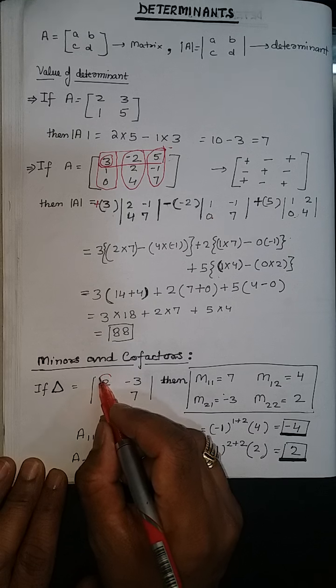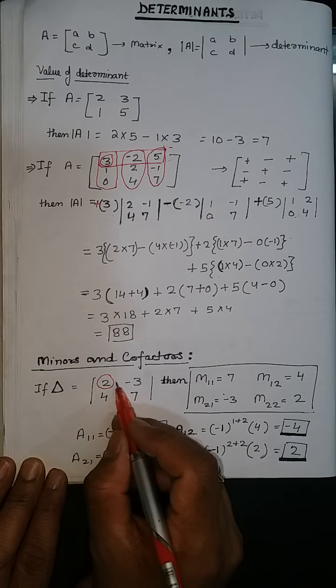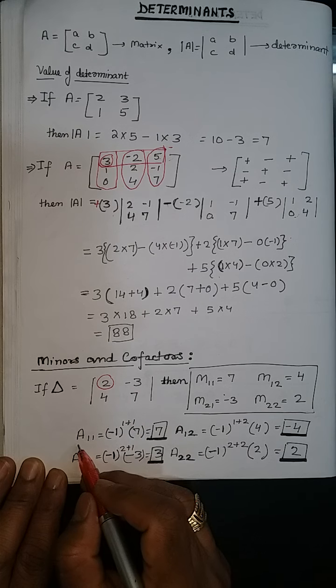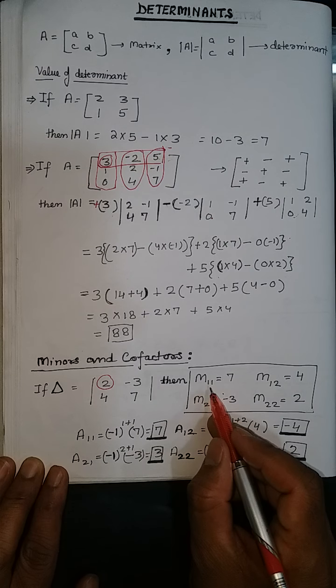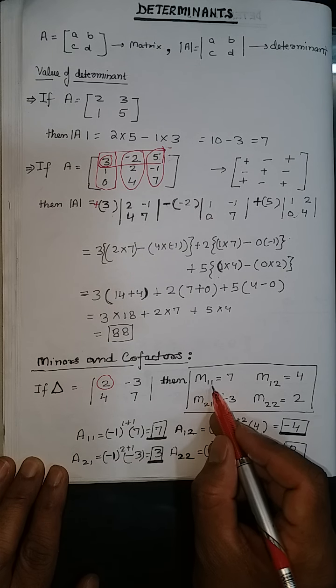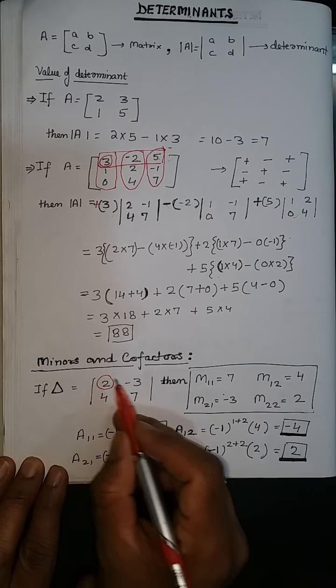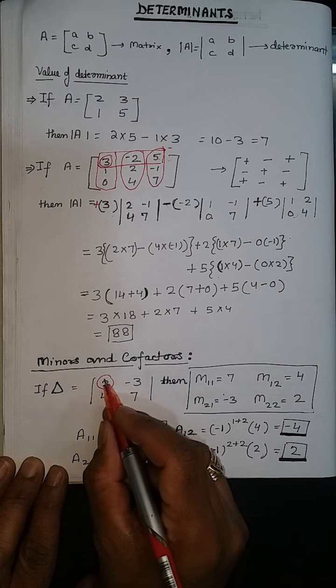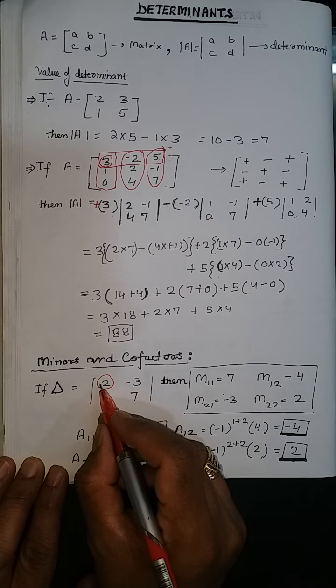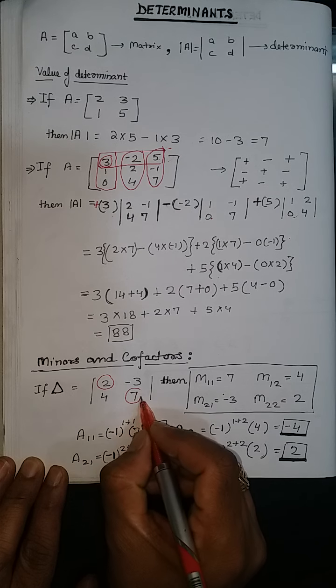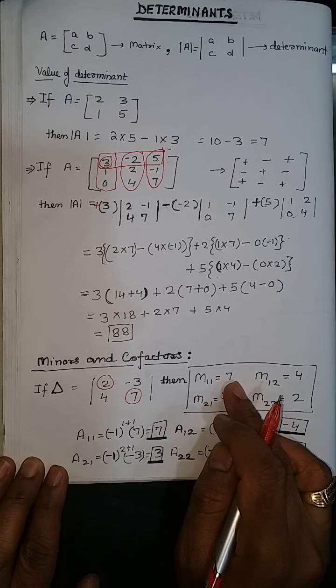So the minor of 2: what is the position of 2? 2 is in the first row and the first column. So the minor of first row and first column, 1 by 1 means first row, first column, is 2. So the minor of 2 will be what? Opposite, leaving this row and column, 7 is there. So this will be the answer.